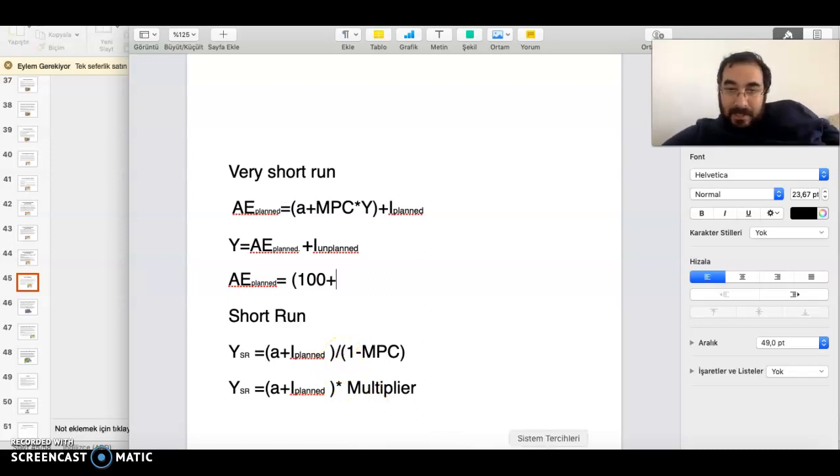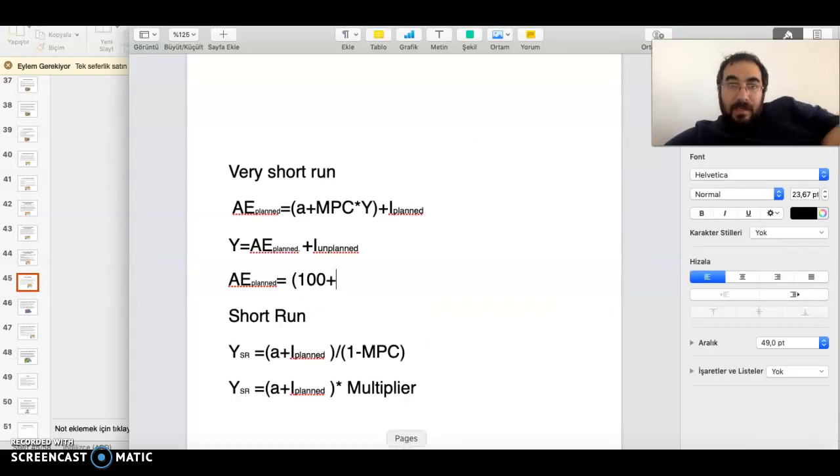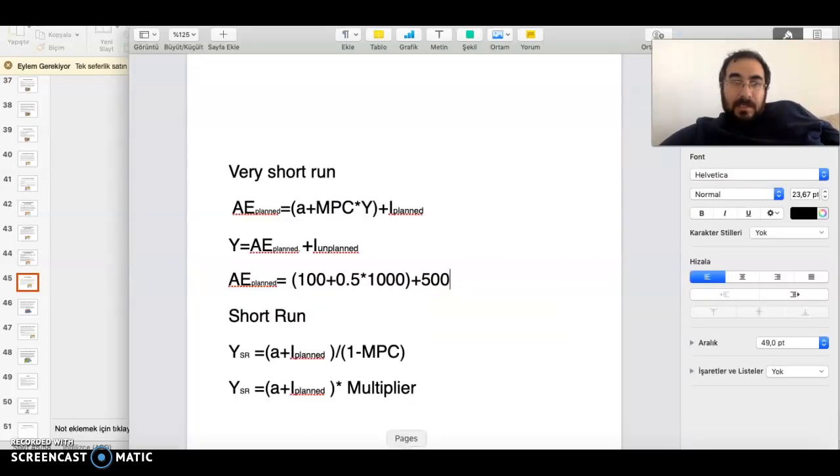plus MPC, which is equal to 0.5, and GDP is 1000. 0.5 times 1000. All of these are 100, 0.5, 1000. You can see the terms in the equation. Plus, I believe this was 500, the planned investment level. Am I right? I'm right, yes.